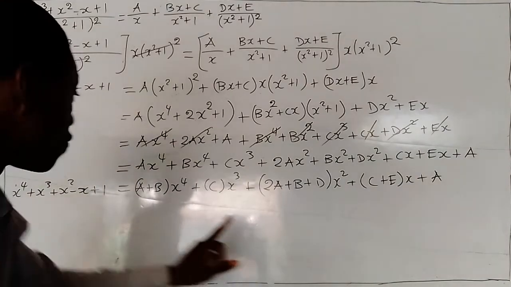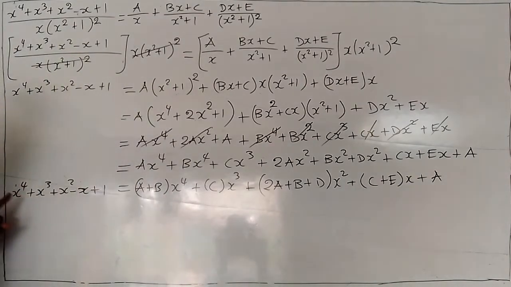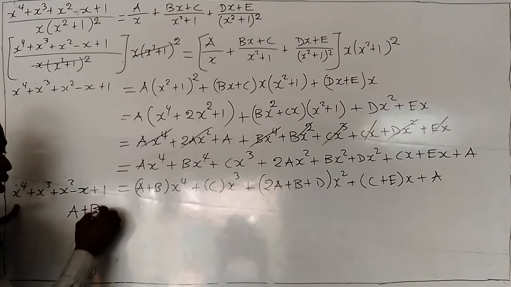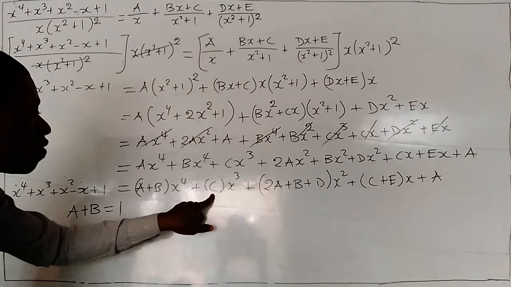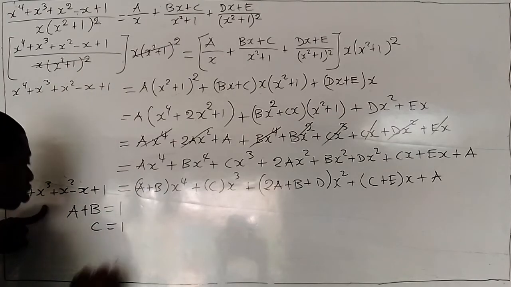Whatever is the coefficient of x raised to the power 4 here, we also get the coefficient of x raised to the power 4 here, and the coefficient here is 1. So we are saying that a plus b equals 1. Whatever is the coefficient of x cubed will be the same thing here, so c equals 1.